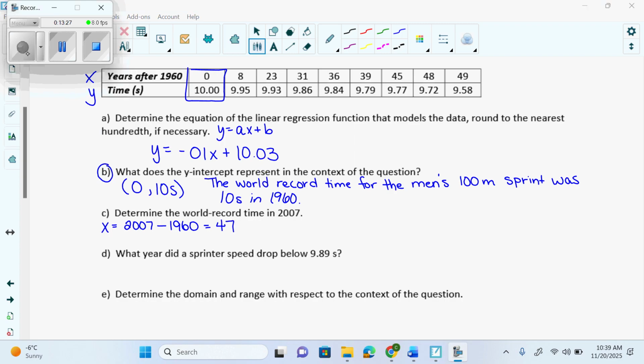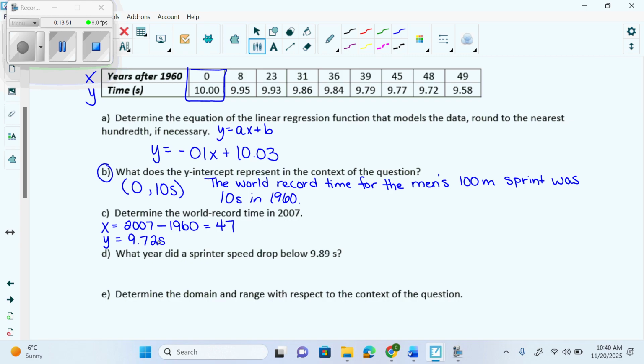So I got Y equals 9.72 seconds. If you said 9.7, if you said 10, because you rounded up, I didn't give you a rounding rule so you wouldn't be wrong. But on a test, I'll tell you what to round to. Okay? So I rounded to the nearest hundredth. Hundredth is 2 decimal places.